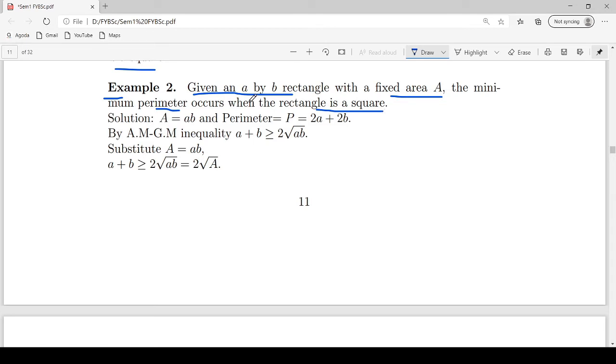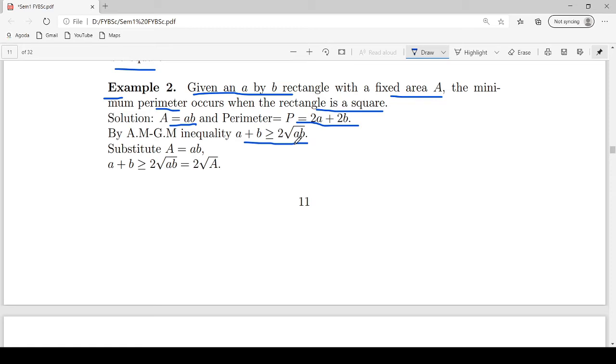So again we have assumed the dimension of the rectangle is A by B. So the area is A into B and the perimeter is 2A plus 2B. Now by AM-GM inequality, the arithmetic mean of A and B is greater than or equal to the geometric mean of A and B. Multiplying by 2 on both sides of the inequality, you have A plus B is greater than or equal to 2 times square root of AB.